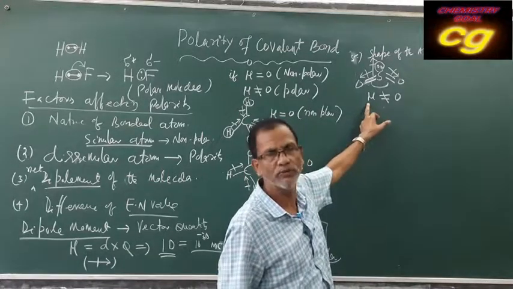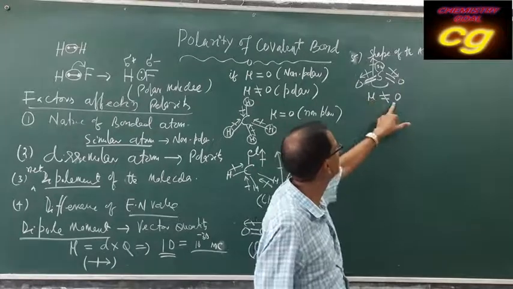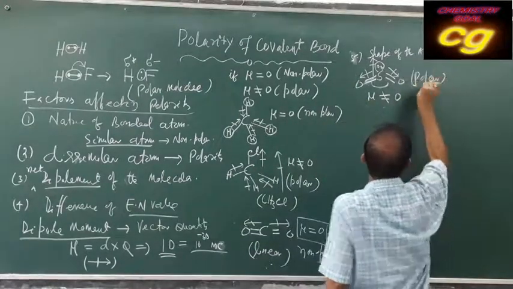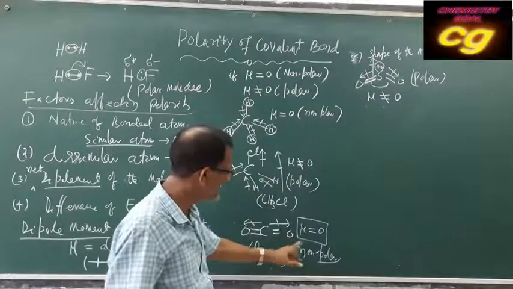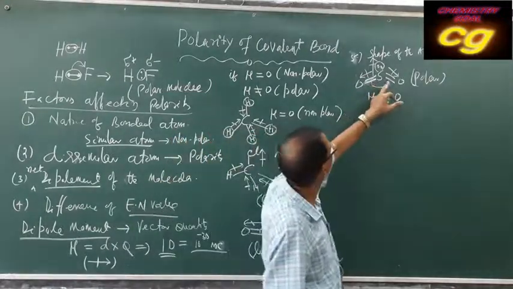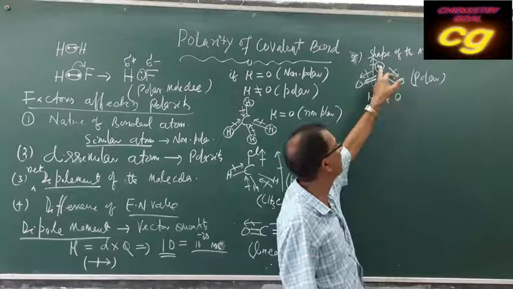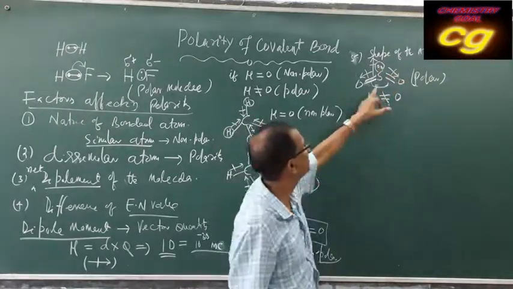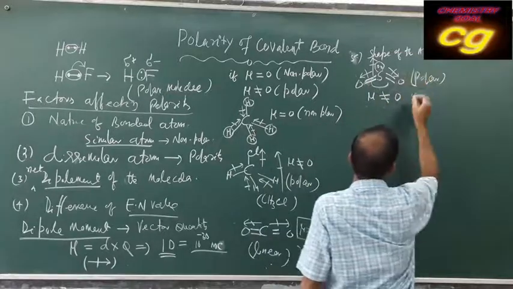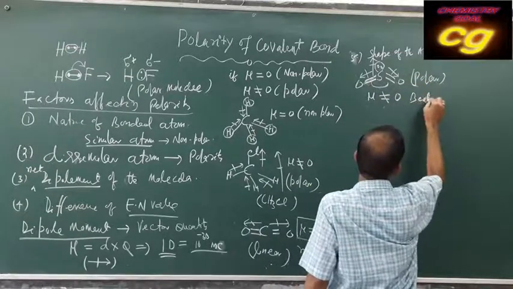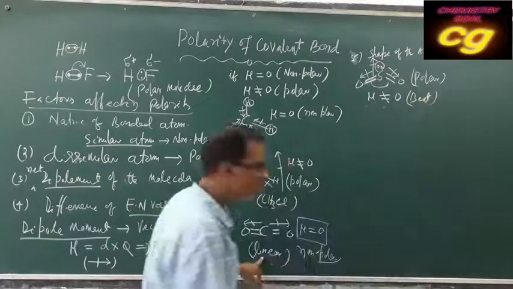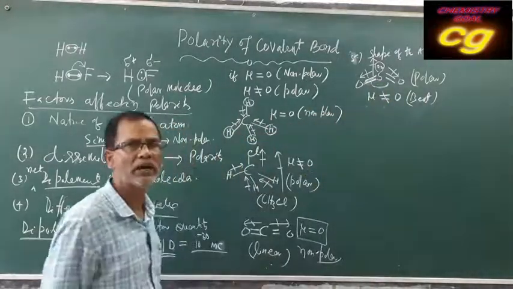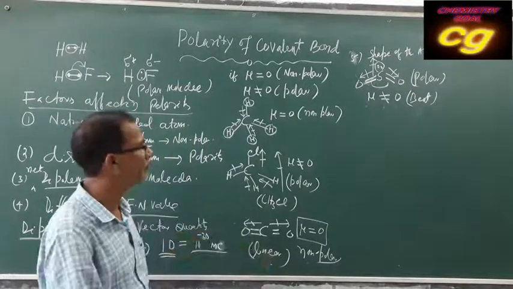The resultant vector will not be 0, so mu will not be 0, so it is polar. You see, CO2 is non-polar, but SO2 is polar because it has a lone pair. It depends upon shape, because this molecule has a bent shape and this molecule is linear. That's why we say the shape of the molecule is very important in the calculation of dipole moment.